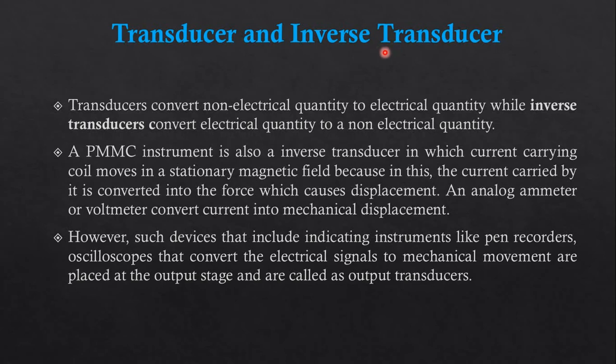The operation of the piezoelectric crystal as a transducer will be discussed in a later section of this chapter. The piezoelectric crystal also acts as an inverse transducer because when voltage is applied across the surface, it changes the dimension, causing mechanical displacement. That is why the piezoelectric crystal is also called an inverse transducer.